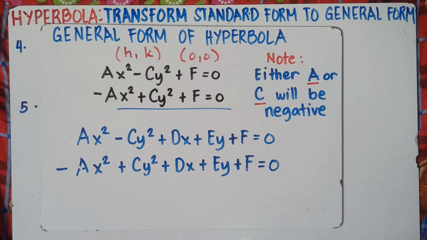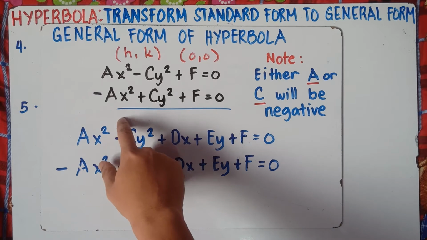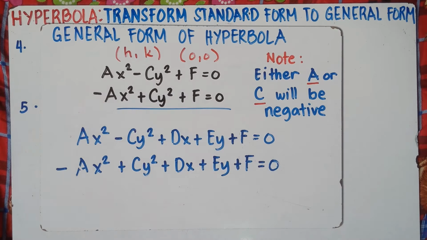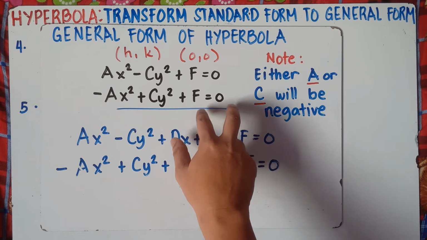In a hyperbola, one of them should be negative. Why is that, sir? Because in an ellipse we add the terms, while in a hyperbola we subtract them and it equals 1. That's why one term will be negative. So you can have this equation or this equation if h and k is 0, 0.